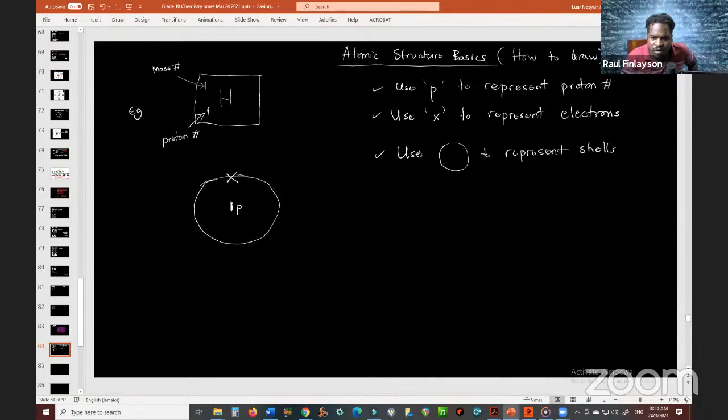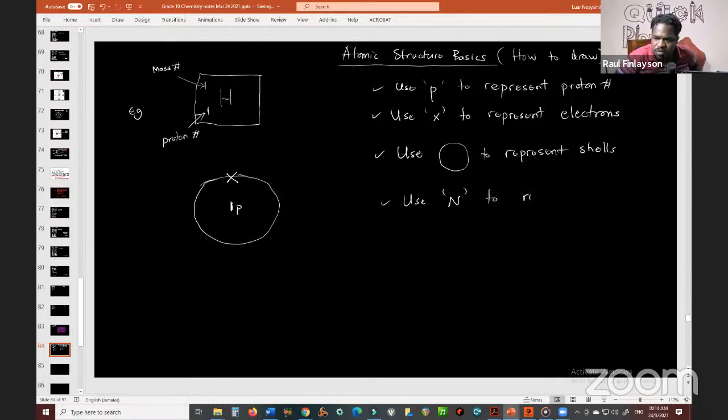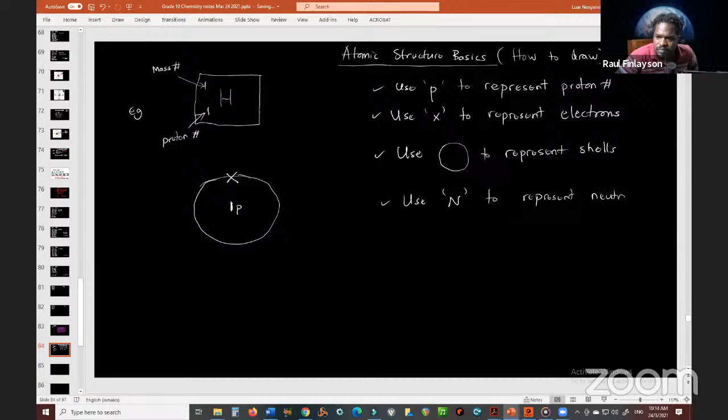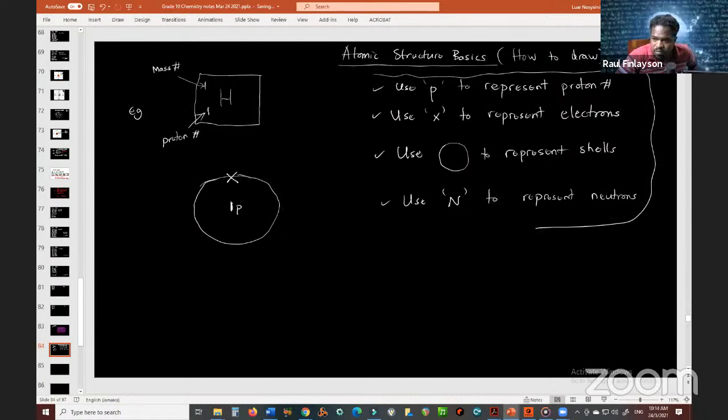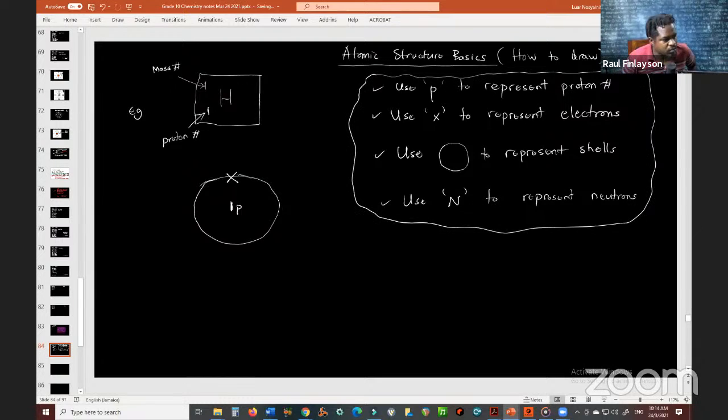Another thing is that sometimes we use N to represent neutrons. So these are the instructions.